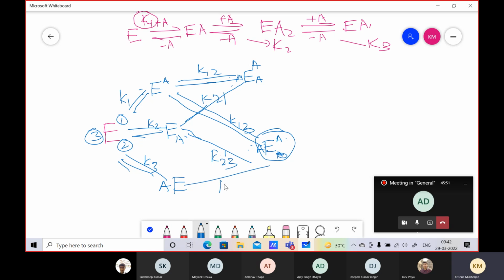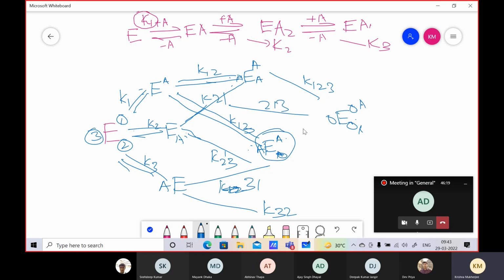K3 can go to K31, sorry, the reverse, K31 and K32. And K1 of course could go by K12 and K21. And then of course all this can go by K123 to all three sites occupied with A's. And 2-1 can go to 2-1-3, and 1-3 can go to 1-3-2, and so on and so forth.